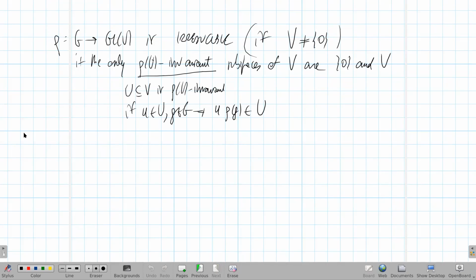Then we have defined the homomorphisms, or morphisms, of representations.